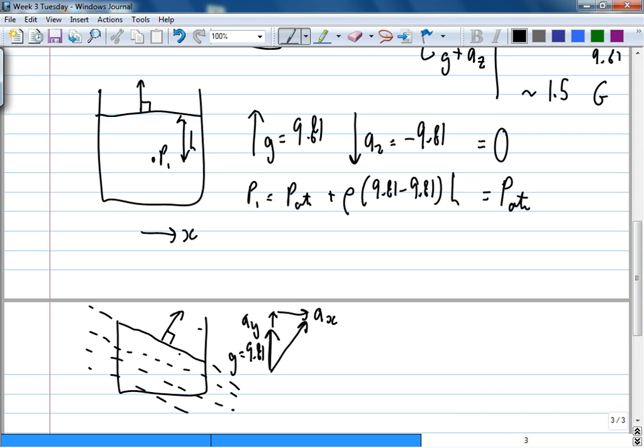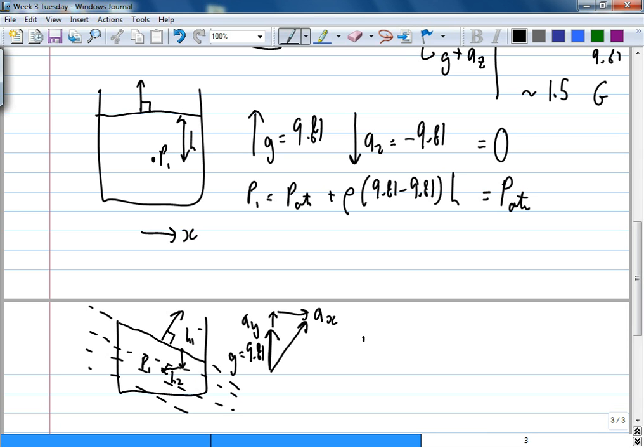Alright, so let's say we start here. We want to go down this way by a distance h1, and we go this way by distance h2. And I call this pressure at 1. Okay, so in this case, when you go down, your pressure goes up. When you go to the left, your pressure also goes up. Alright, because similarly, you have some component of acceleration in the x direction.